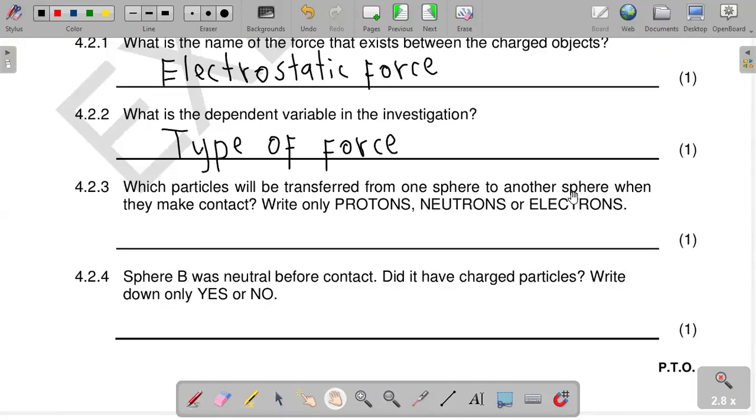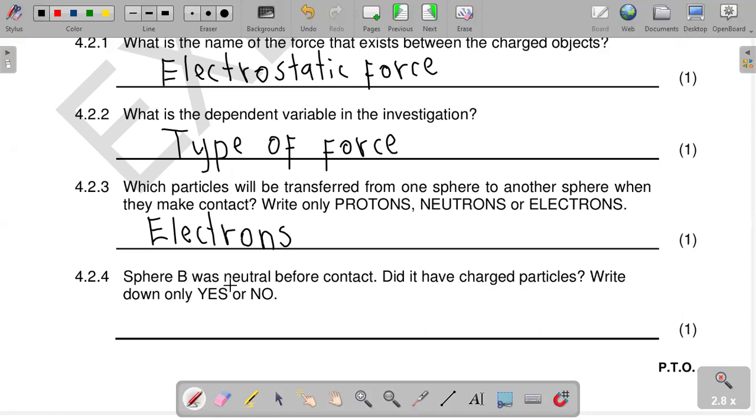The electrons are outside the nucleus, so it is the electrons that can move from one object to another. Protons and neutrons do not move from one object to another.